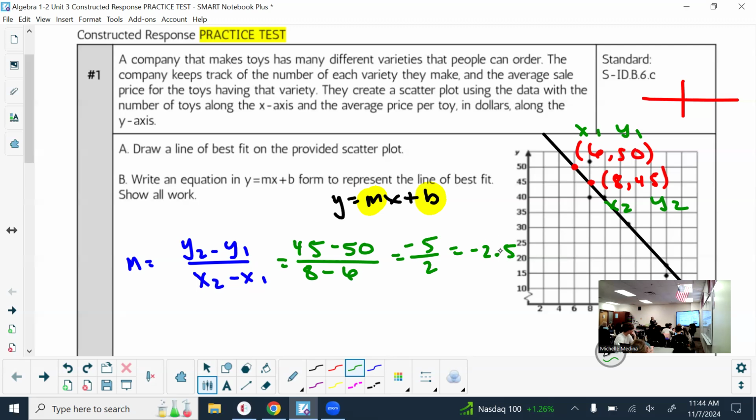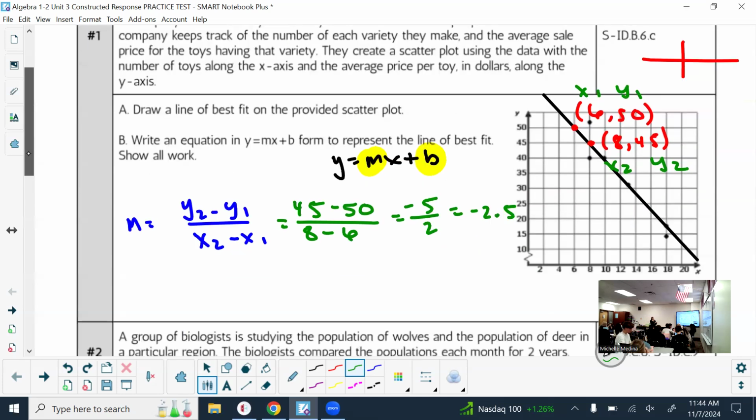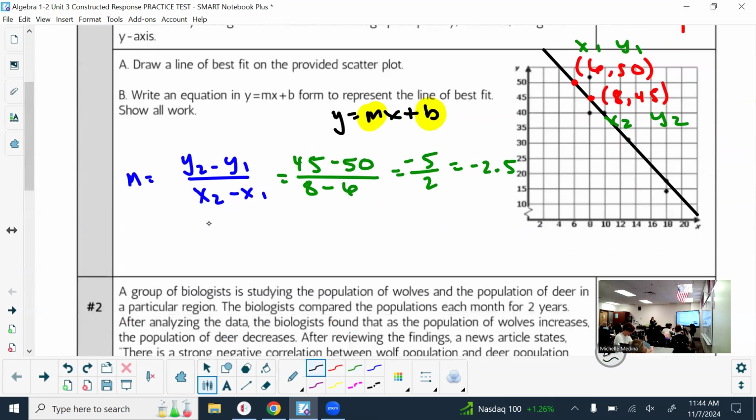So then this is my slope. My y-intercept is not easily seen. If it was, I'd just estimate where it's touching. Since it's not, I'm gonna have to plug it into y equals mx plus b. But now that I have the m, that should be easier. So the m is -2.5.